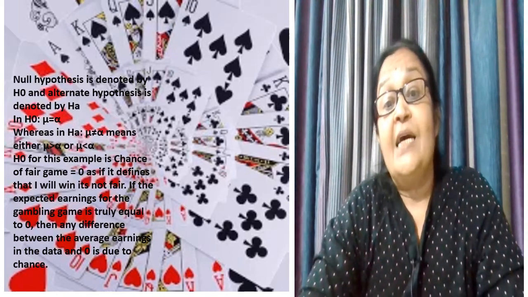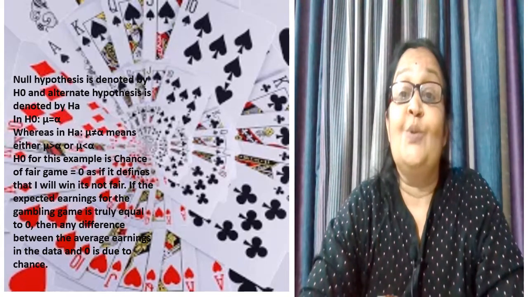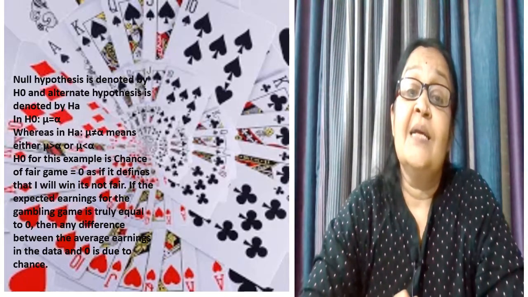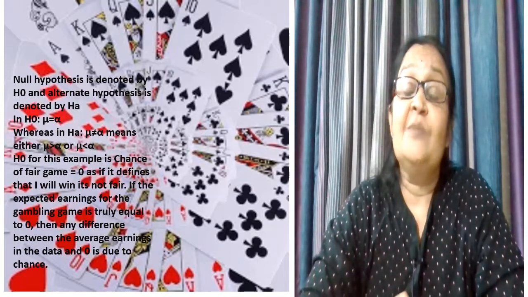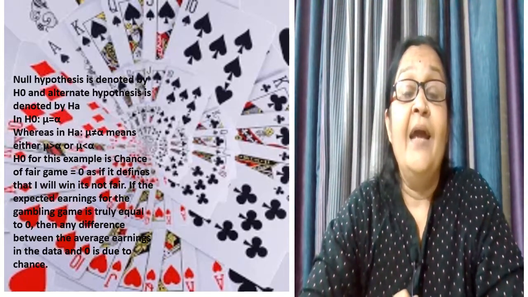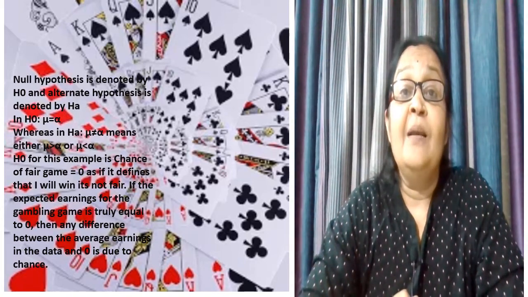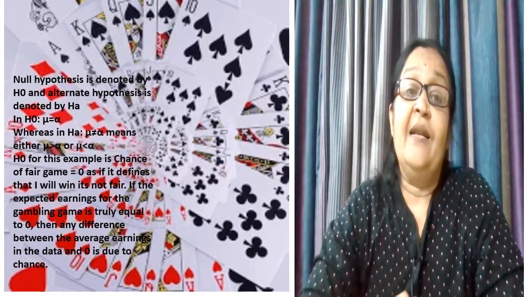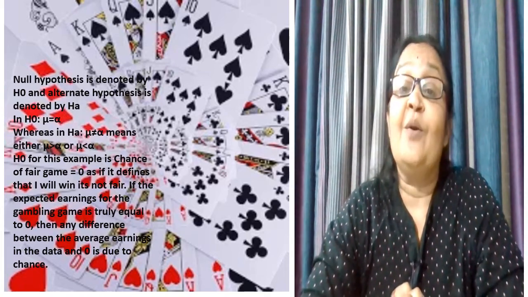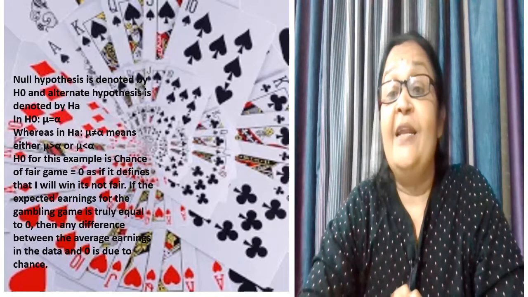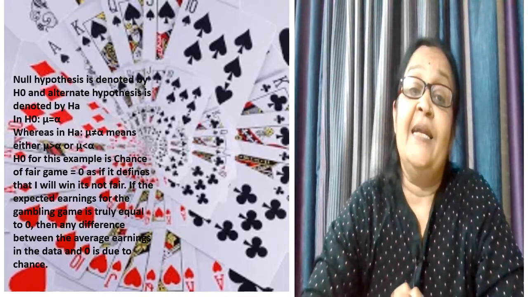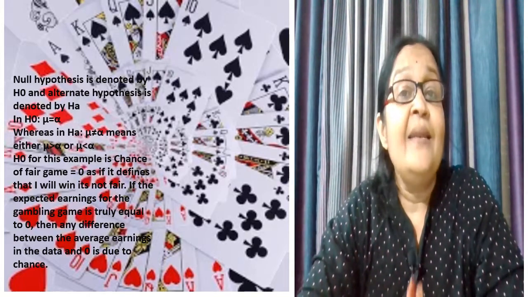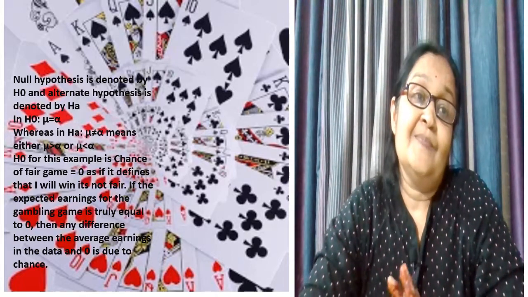If the average earnings from the sample data is close to 0, then the gambler will not reject the null hypothesis, saying that the difference between the average from the data and 0 is explainable by chance alone. If the expected earnings from the gambling game is truly equal to 0, then any difference between the average earning in the data and 0 is due to chance. This has to be the null hypothesis.